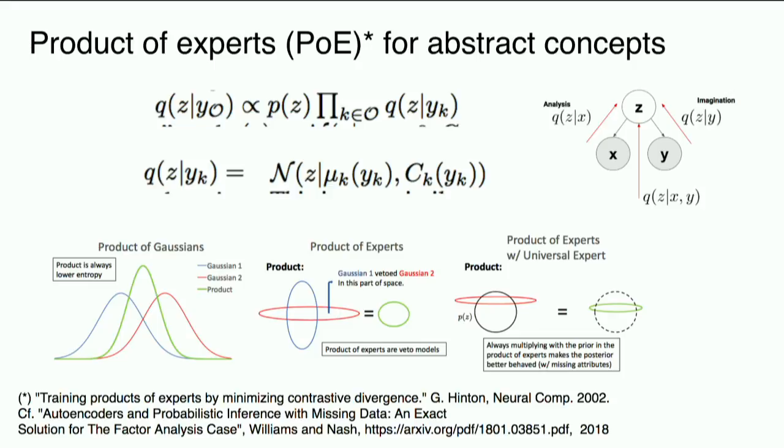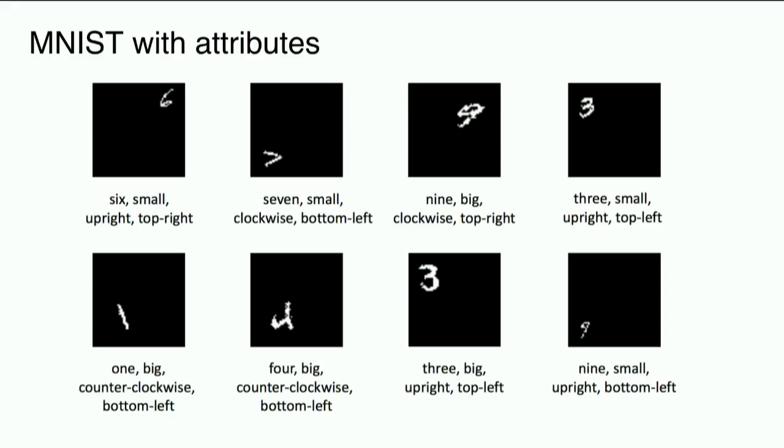I don't think I have a figure in the slides, but let me make it concrete. We did first experiments with MNIST. So we had a concept hierarchy where we had a digit, and then it could be the location, so it could be top left, or top right, bottom left, bottom right.